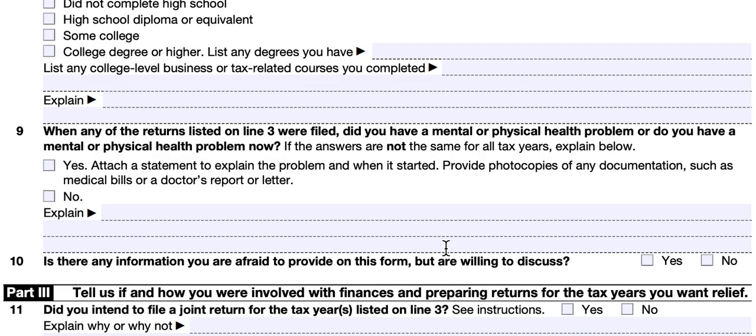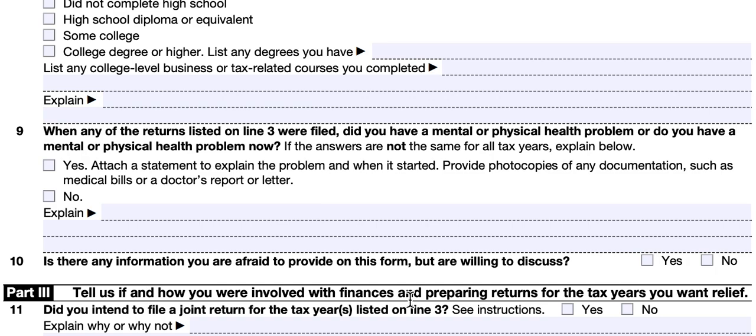This might happen to spouses that are fearful for retribution, spousal abuse, things of that nature. There's an entire section in the instructions, and we'll get to that in a little bit, about what the IRS does to protect taxpayer information and safeguard security for special situations that involve domestic abuse.